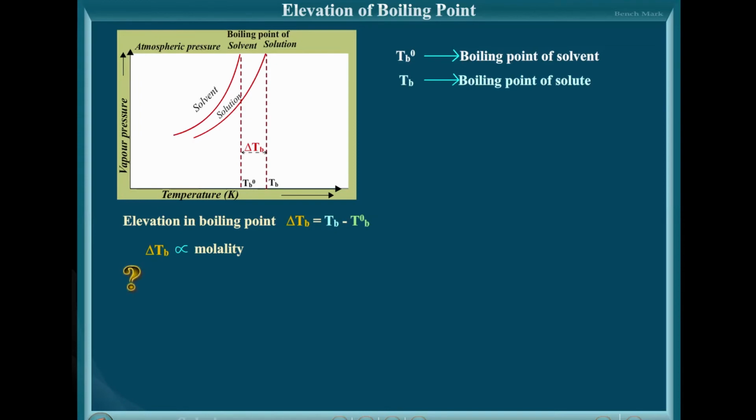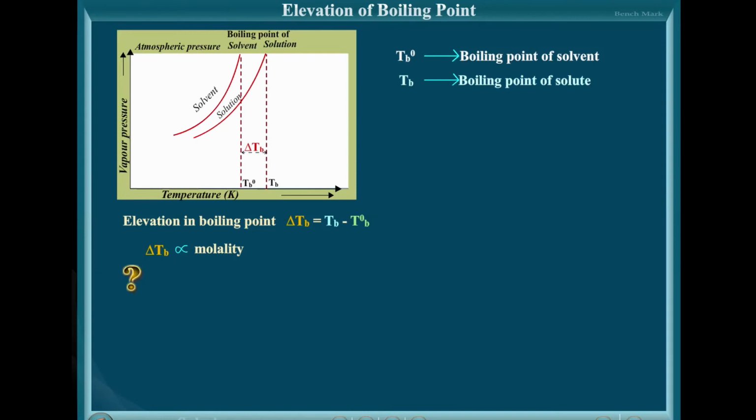Delta TB, that is elevation in boiling point, depends on the lowering of vapor pressure, that is delta P. So delta TB is directly proportional to delta P, while delta P, as we have learnt earlier, is directly proportional to the mole fraction of the solute.